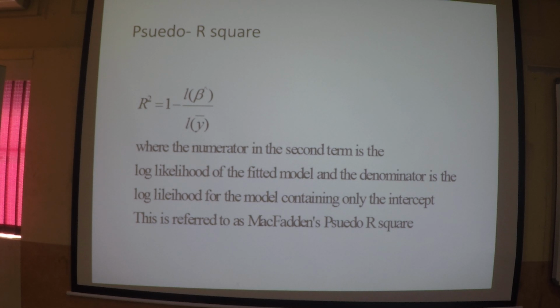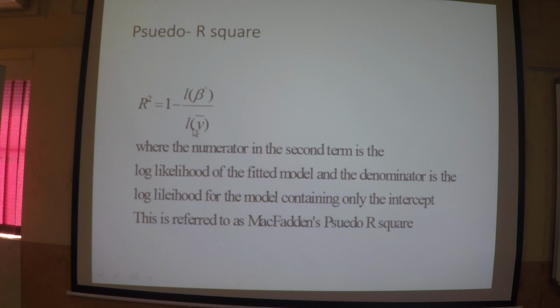But because this is a negative number, the bigger would actually be smaller in absolute value. Minus 20 is a bigger number than minus 200, right? And therefore this ratio is the ratio of the restricted log likelihood to the unrestricted log likelihood.